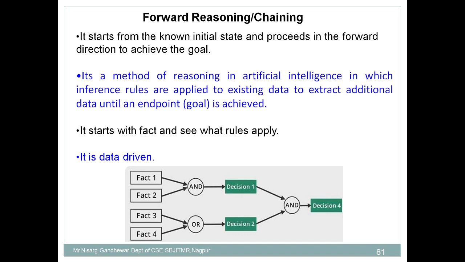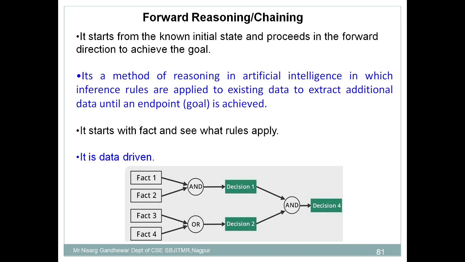It is a method of reasoning in AI in which rules are applied to the existing data. That means we are provided with a set of initial data on which we apply rules to extract more information, which helps us reach the goal state. In forward reasoning, we assume we have been provided some predefined data on which we apply a set of rules in order to extract new information, which helps us reach the goal state, and we can easily find the solution to the problem.